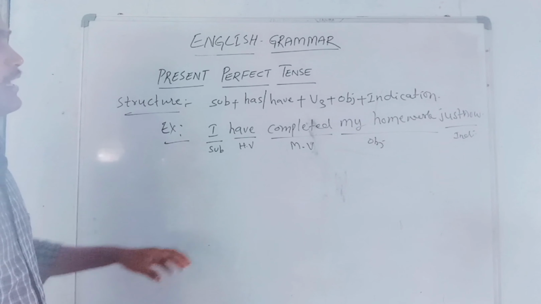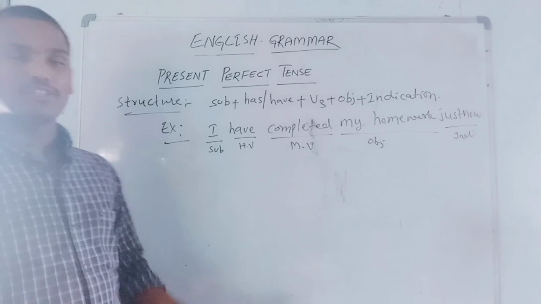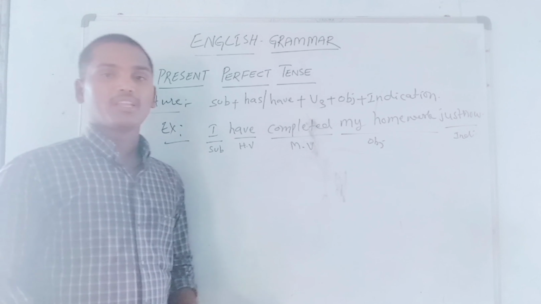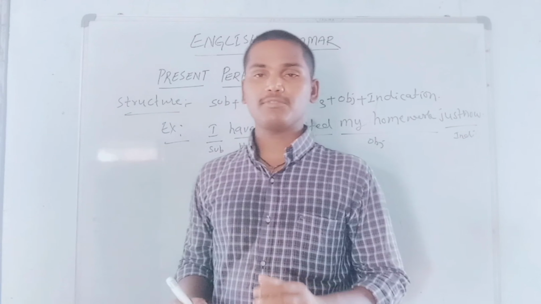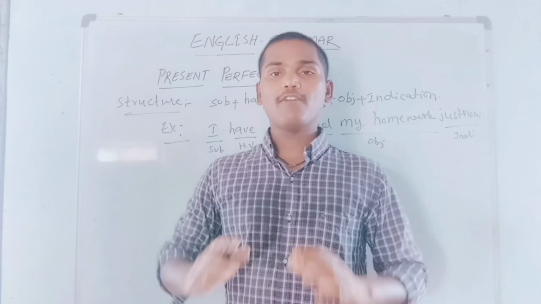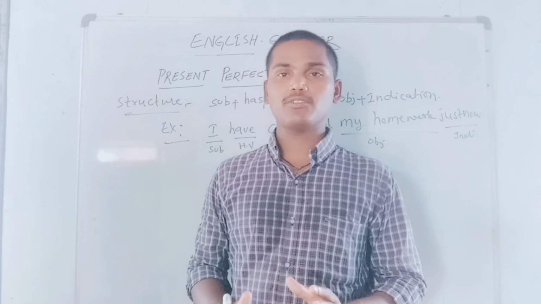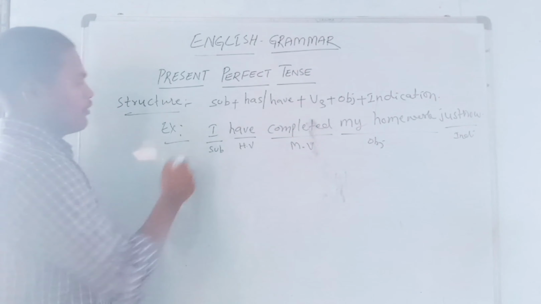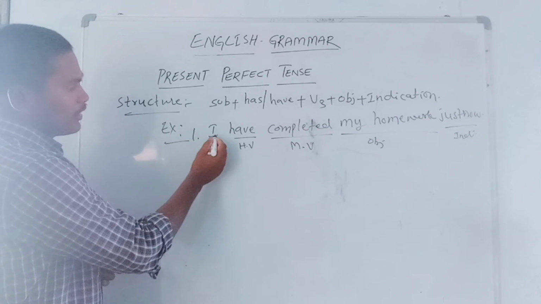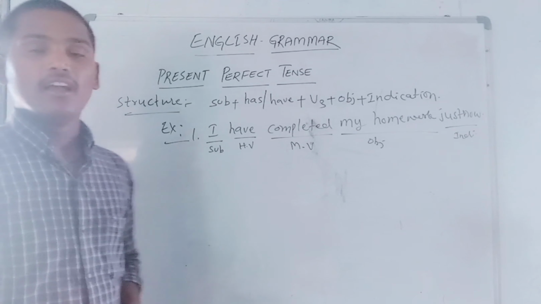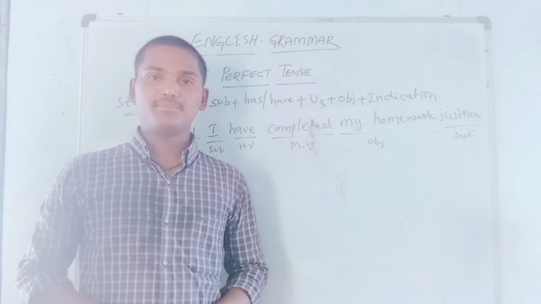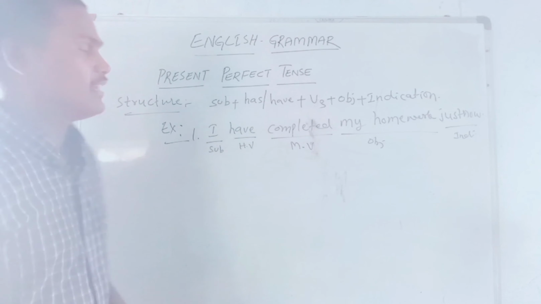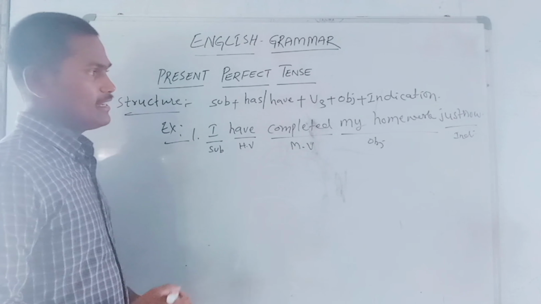Because we already discussed where we should use have and where we should use has. Whenever a sentence starts with third person singular subjects, after all those subjects we use only has. But here the sentence started with I. I is not a third person singular subject. It is a first person singular subject. That's why we used have after I in the sentence.